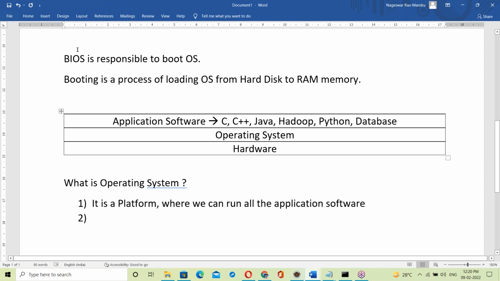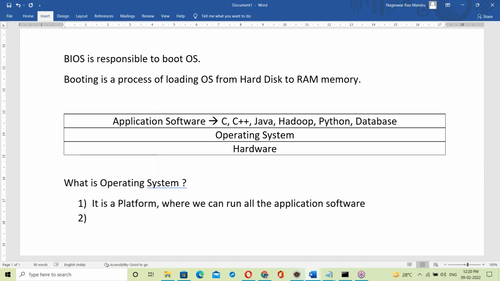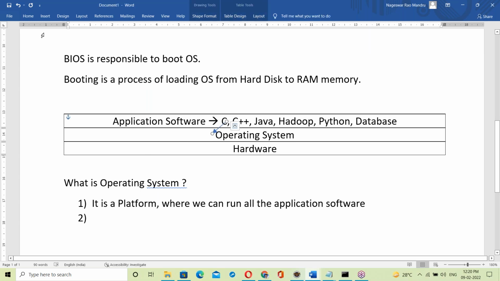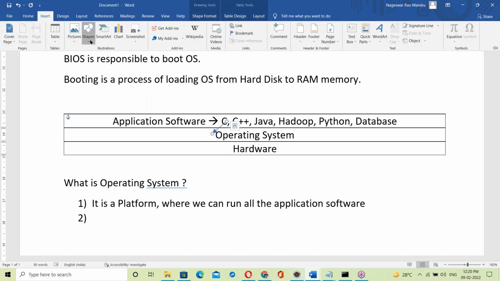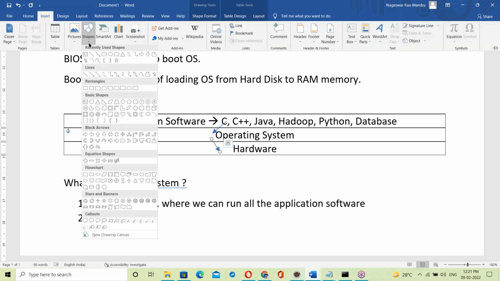Not only platform here. Suppose a C program is generating output. That output is first delivered to the OS and then transferred to the output device. Suppose we are reading from the keyboard.